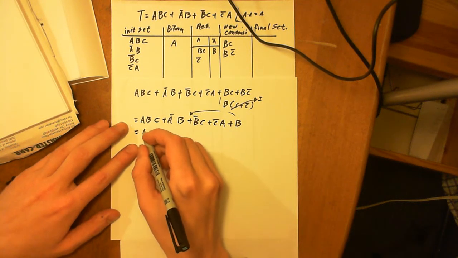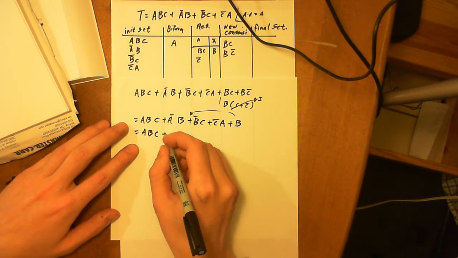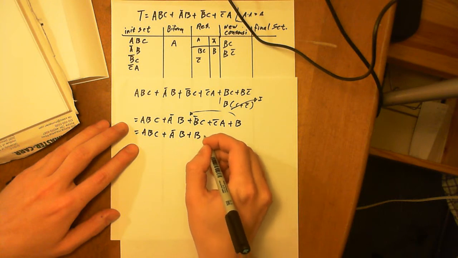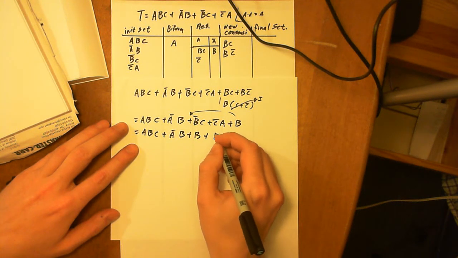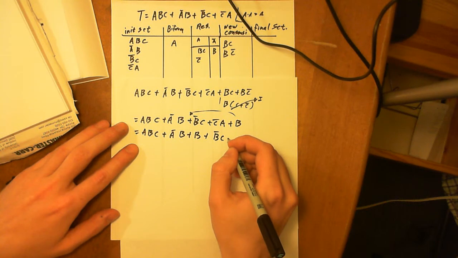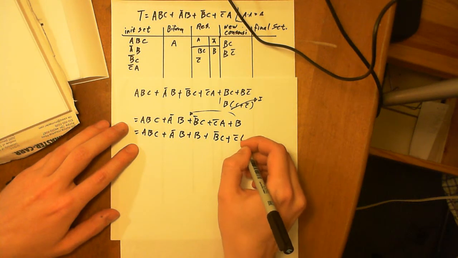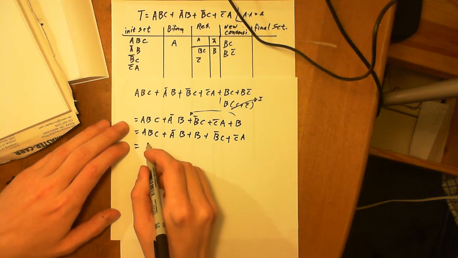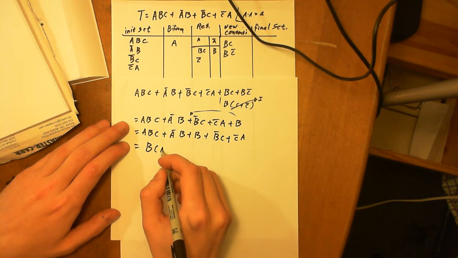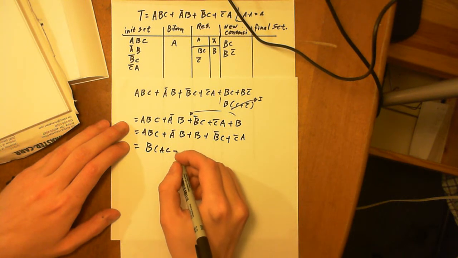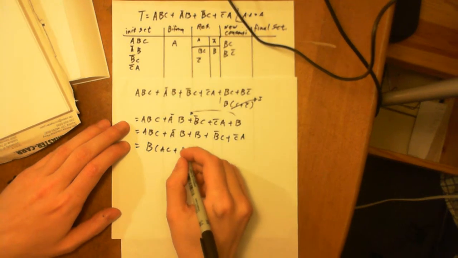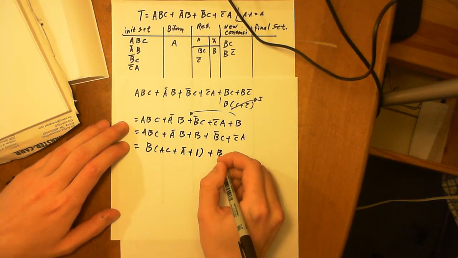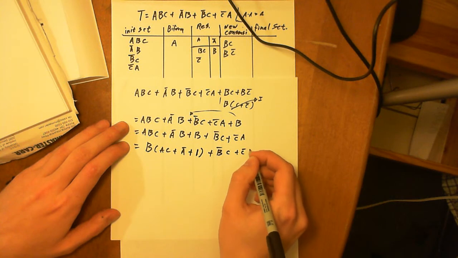We get equals ABC plus A bar B plus B plus, when I say plus, I mean or, B bar C or C bar A. And we can factor out the B from these 3 terms. Equals B times AC plus A bar plus 1, or identity, plus B bar C plus C bar A.